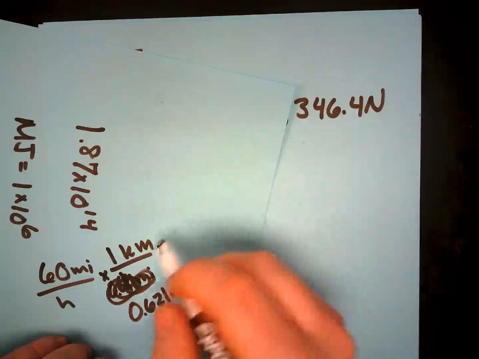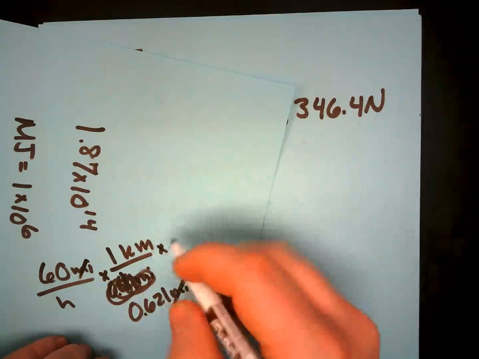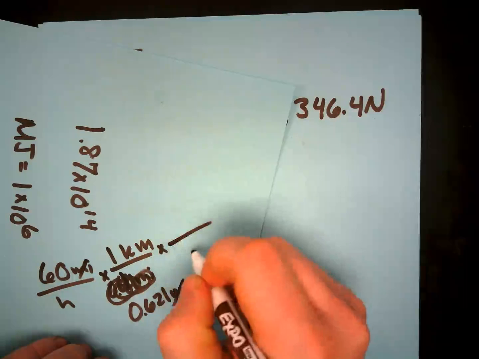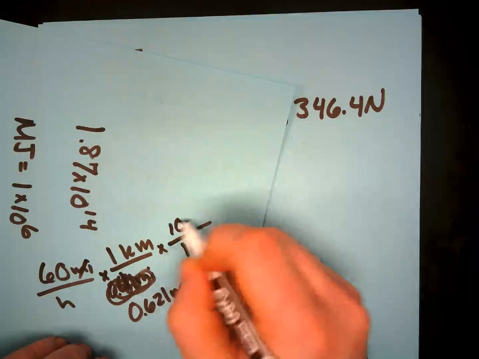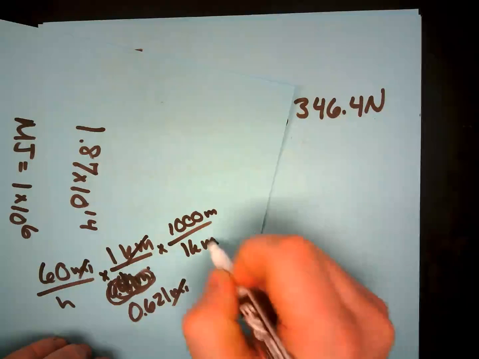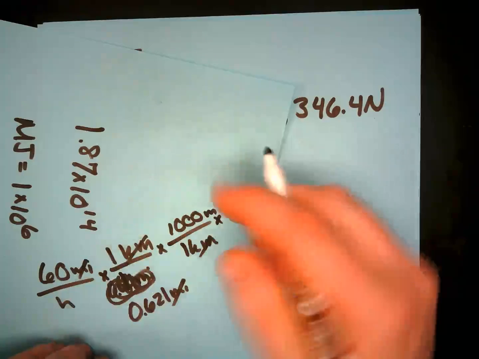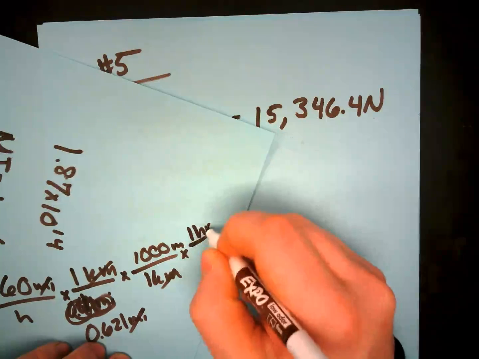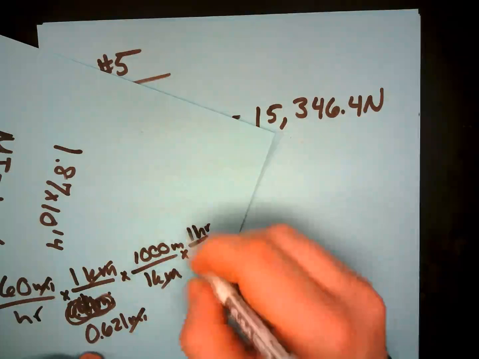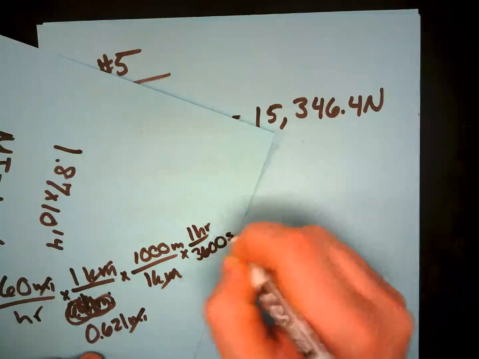So we've got miles there, now we need to go from kilometers to meters, and there are 1,000 meters in a kilometer. Then from hours to seconds is pretty easy: 1 hour has 3,600 seconds.